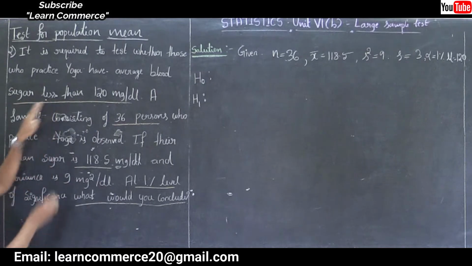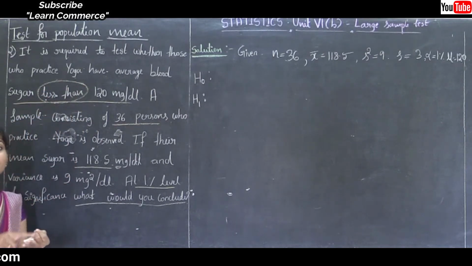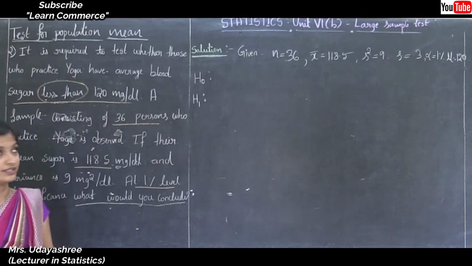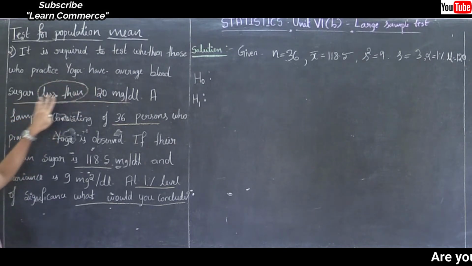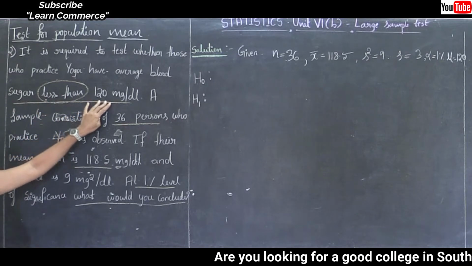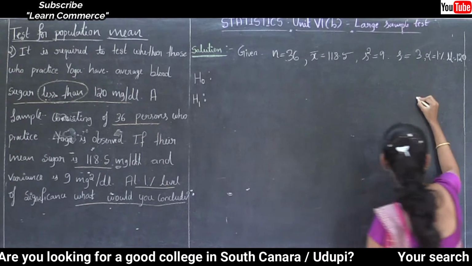And if it is less than type, greater than type or not equal to type, then it is the alternative hypothesis. So here less than is given, so how to write that?